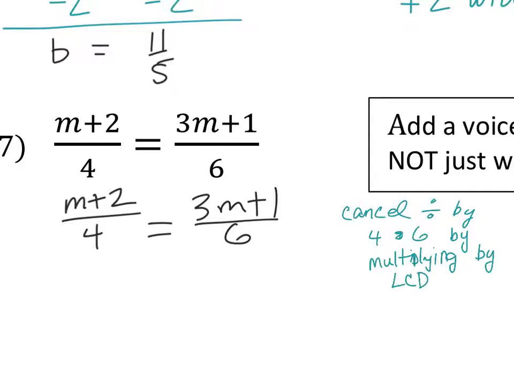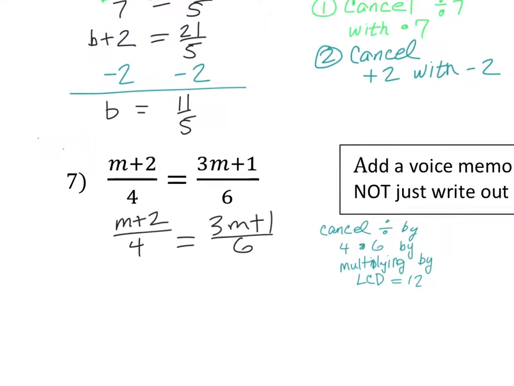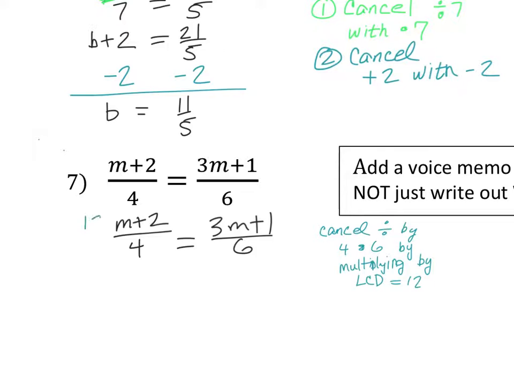Remember that ditch that denominator method. The smallest number that both of these will go into is 12. 4 and 6 will both go into 12. So we're going to multiply both sides by 12.